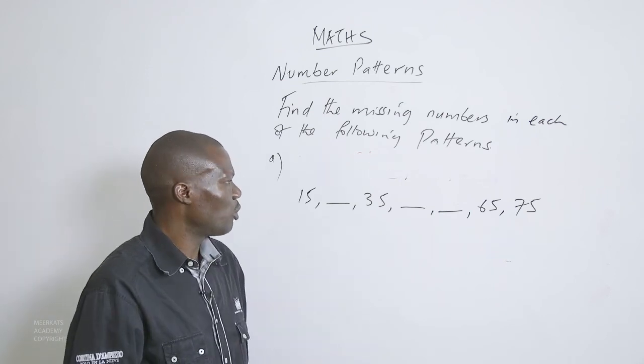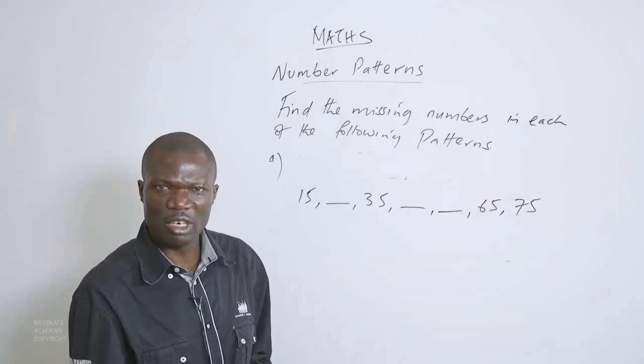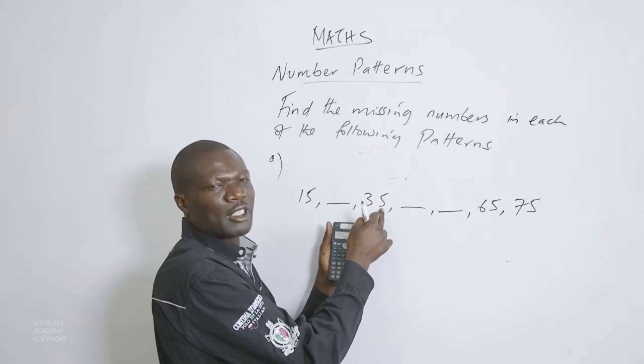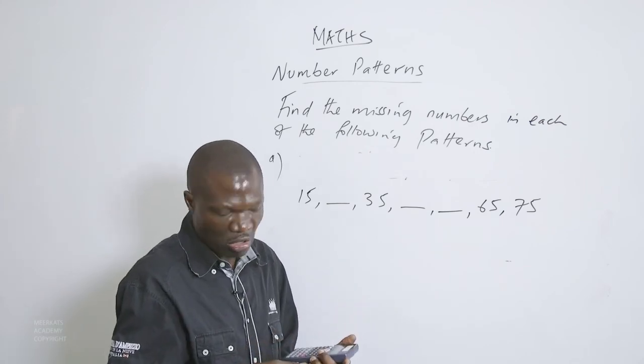For the second one, we find out how the pattern is: 65 and 75. The difference is 10. So let us subtract 10 and see. Will this 35 be maintained, and will this 15 also be maintained?